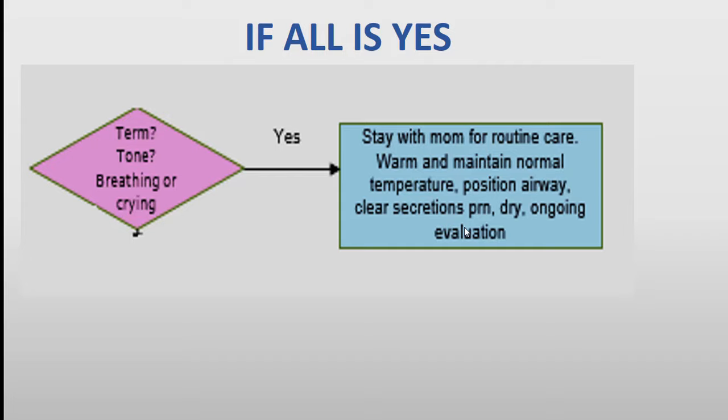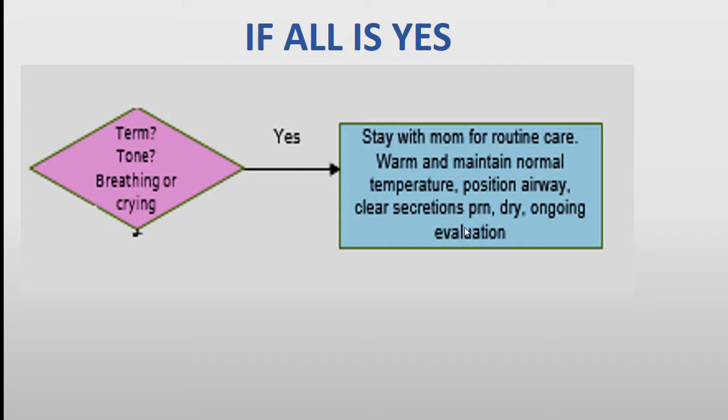We need to make sure, until the baby and the mom are transported to another facility, that we maintain the temperature of the baby, that we reposition the airway if there's any difficulty, and if we notice any difficulty breathing.